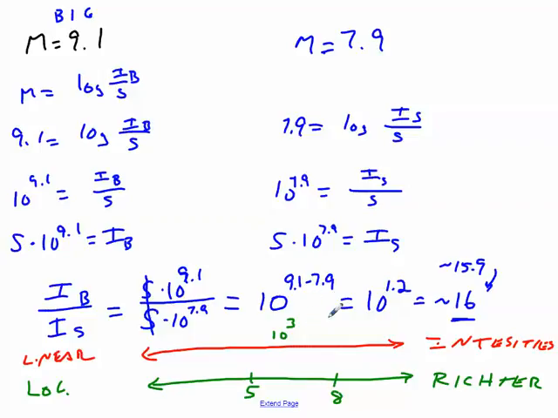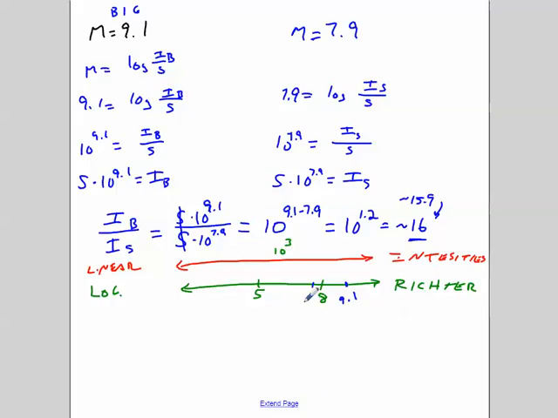If we go from a 7.9 to a 9.1, or 9.1 versus a 7.9, how many more times intense is the bigger one than the smaller one?